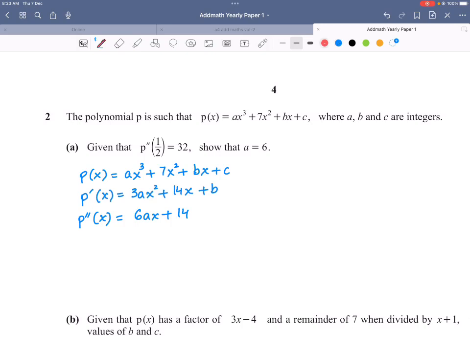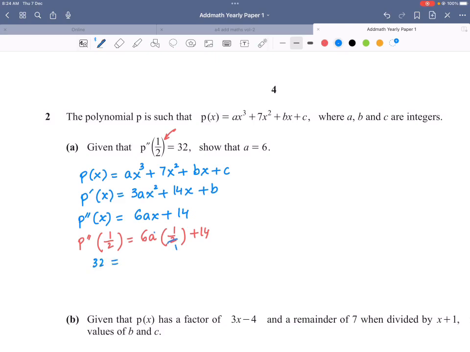And for p double prime of x, we need to plug in the value x is 1/2. So we need to replace x with 1/2, and the value for p double prime of 1/2 is 32.